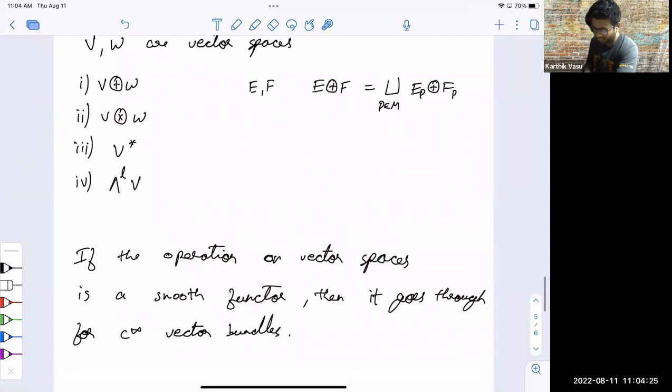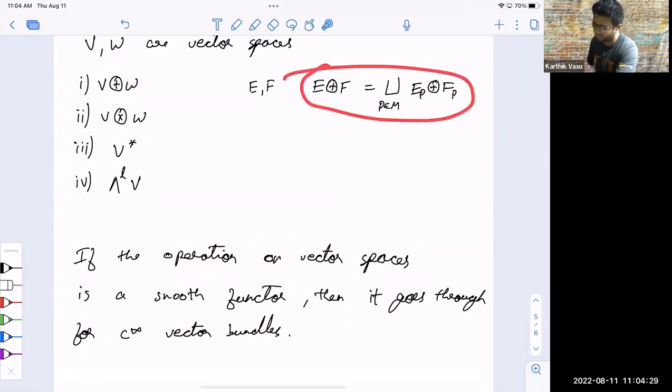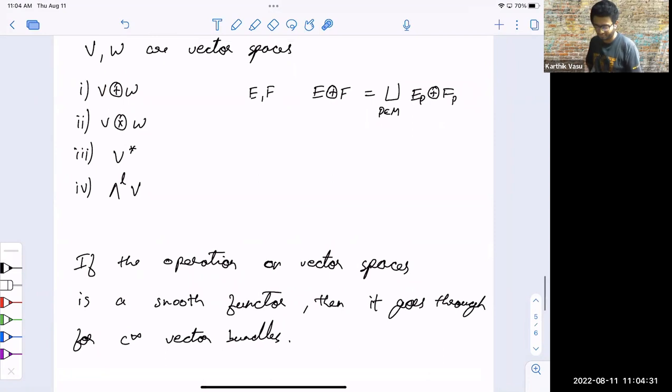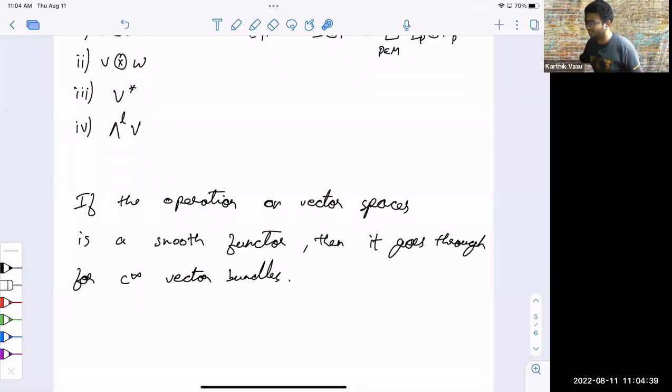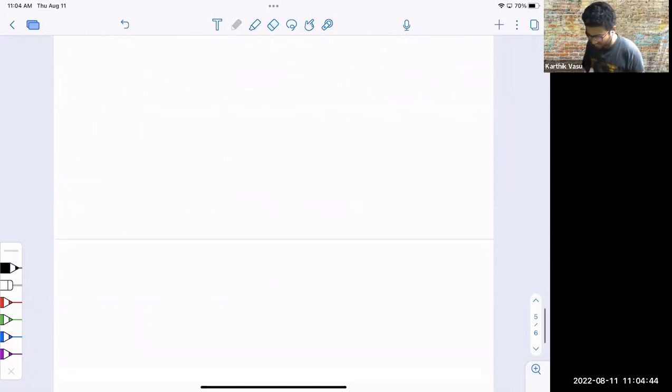So if you have nice enough operations on vector spaces, it will give you nice enough vector bundles. And for the most part, the things we work with will be these smooth functors, so you don't have to worry too much about that. Okay, that is vector bundles.